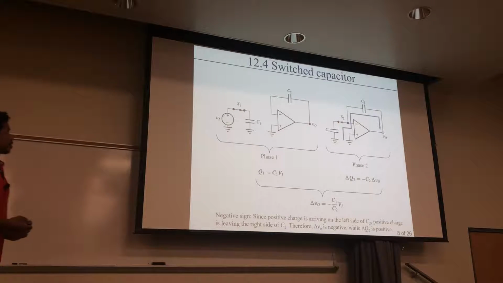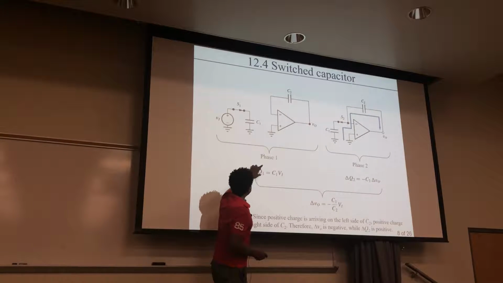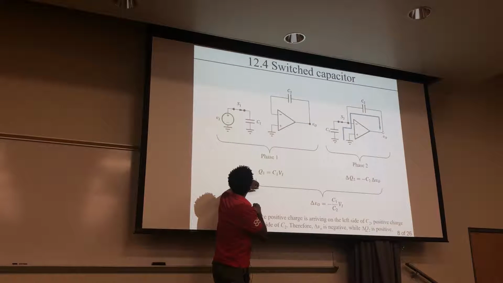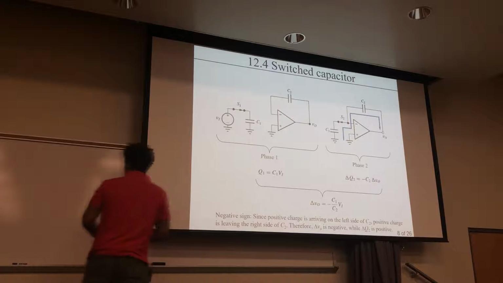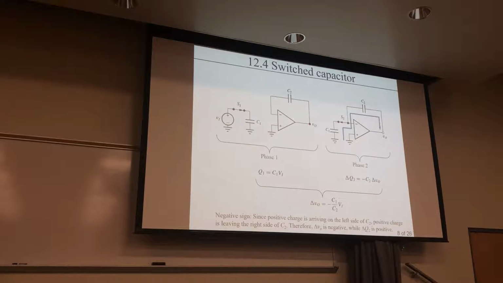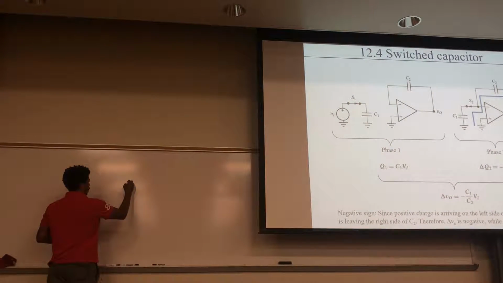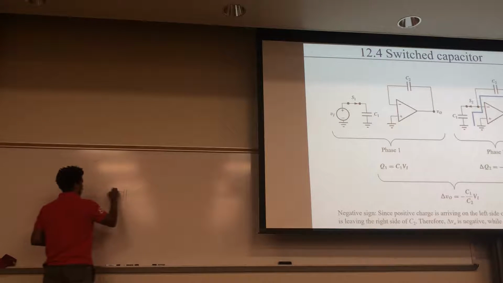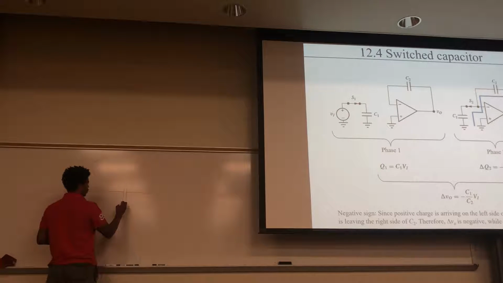So what's happening here is that the charge that's built up on this capacitor right here, once that closes, it goes over here, and here's the positive sense of current flow. And so one way to understand that is like this. So let's say you have your capacitor right here.